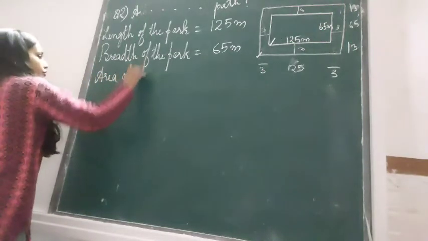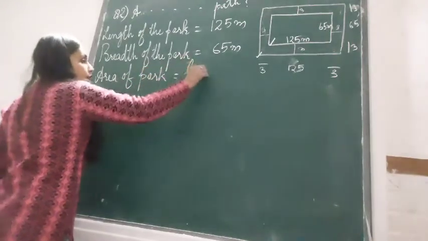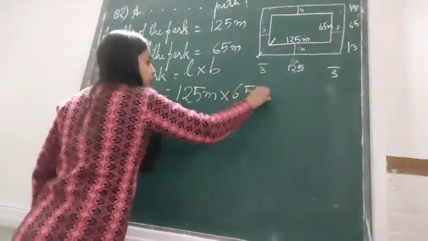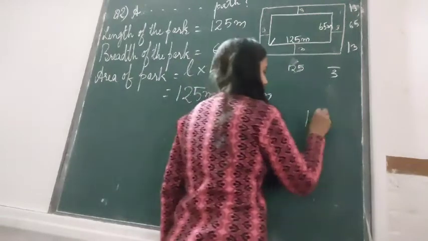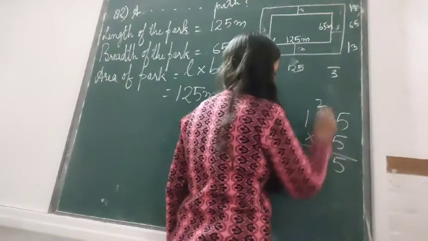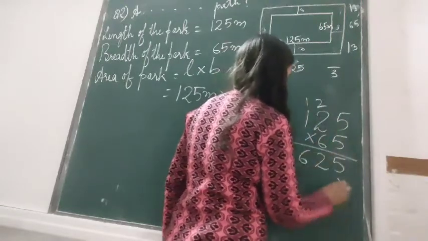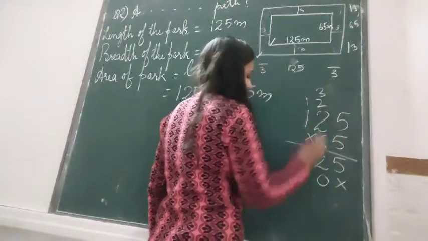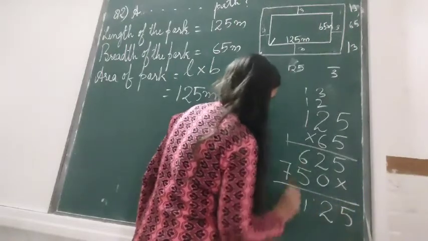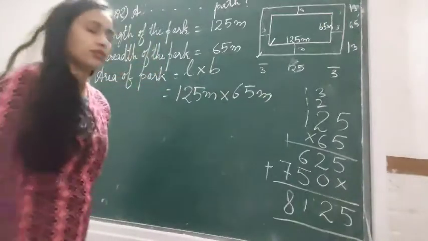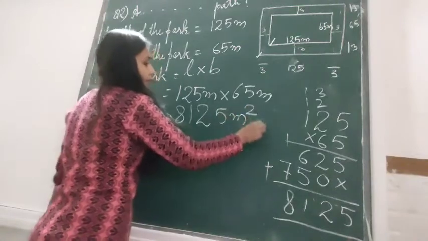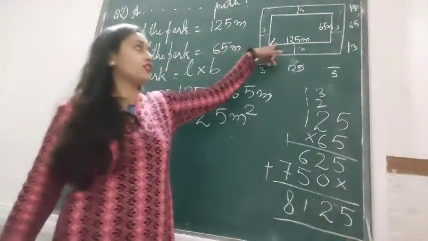Area of park is equal to length into breadth, that is 125 meters into 65 meters. 5 5s are 25, 5 2s are 10, plus 2 is 12, 5 1s are 5, 6 5s are 30, 6 2s are 12, 6 1s are 6, 8,125 meter square. This is the area of the inner rectangle.